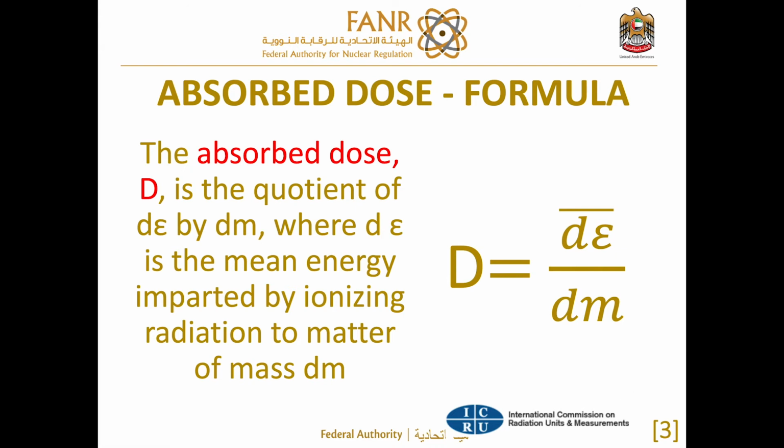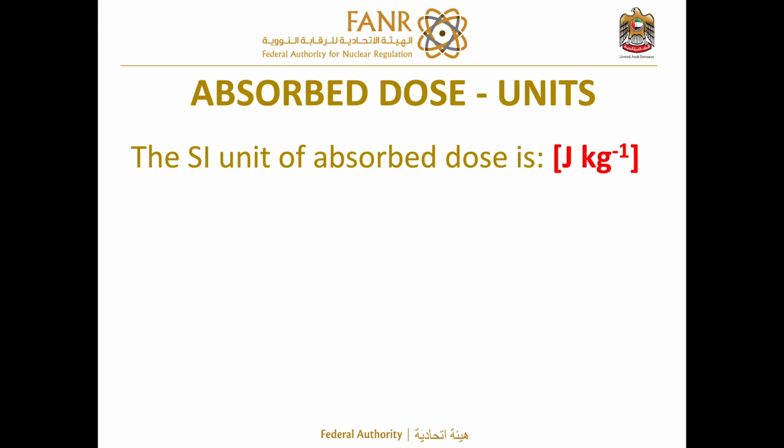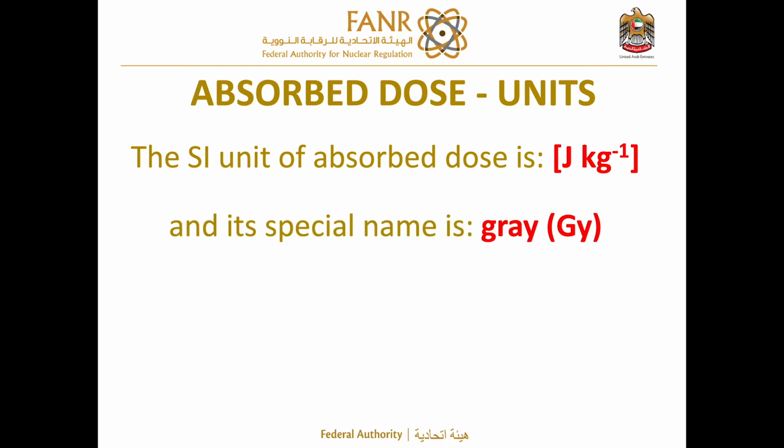So you can appreciate that this is an expectation value of an energy over a mass. So the unit of absorbed dose is, again, joule per kilogram, and we know that this has a special name in radiation protection, and it's called gray.